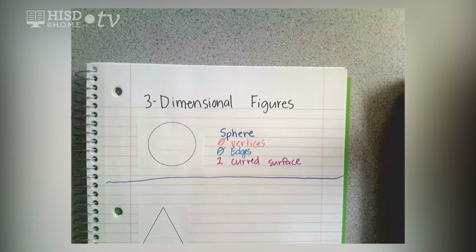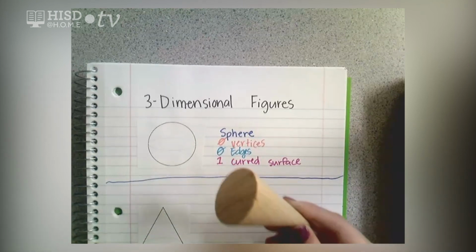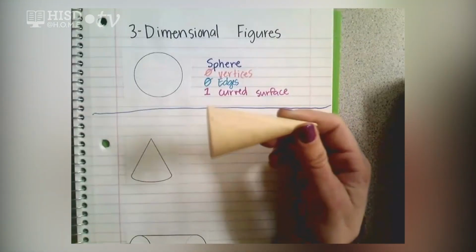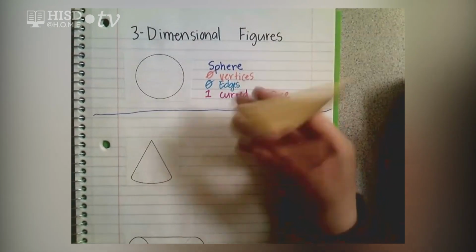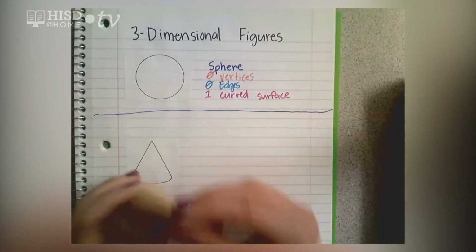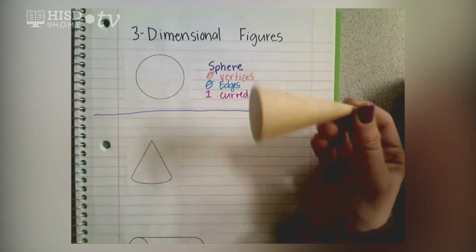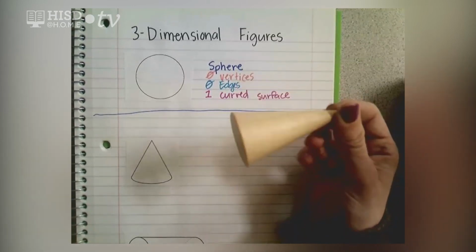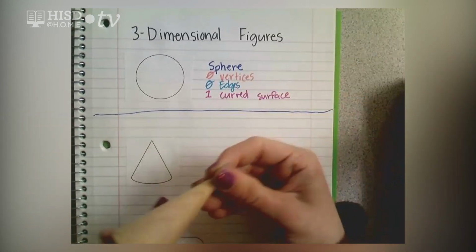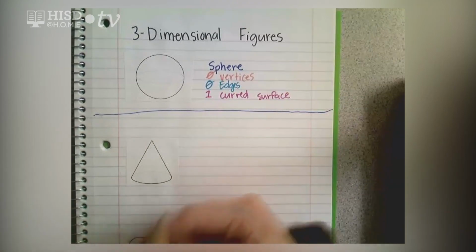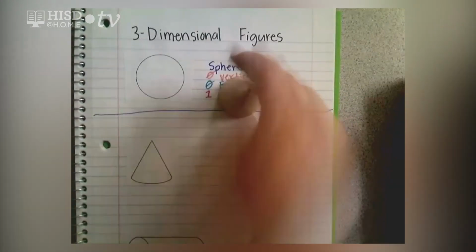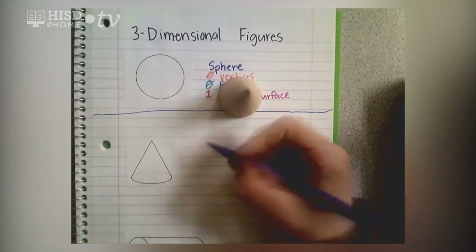All right, our next figure is what we call a cone. Basically, it's a circle being brought to a point. And with this, we're going to write cone.